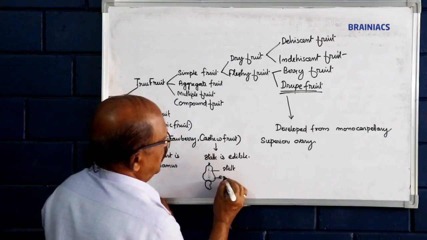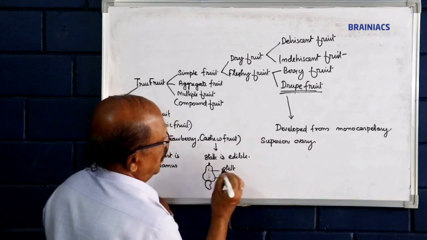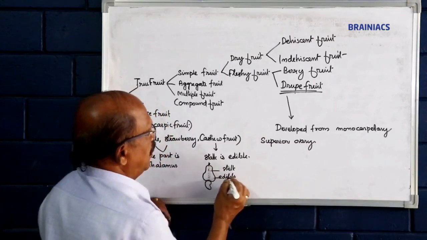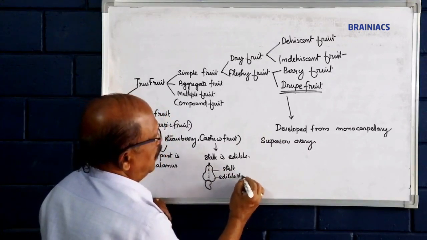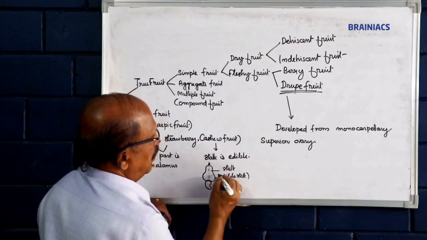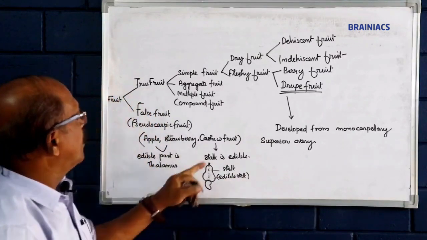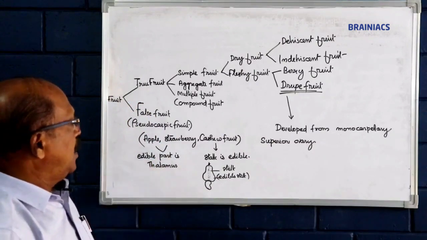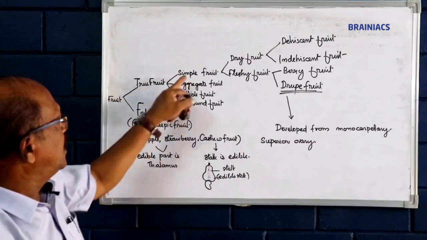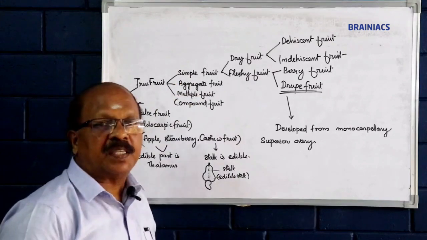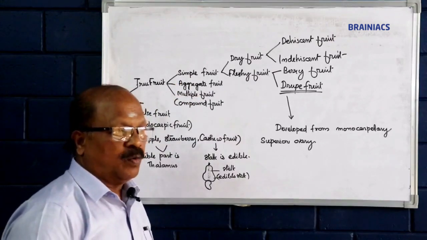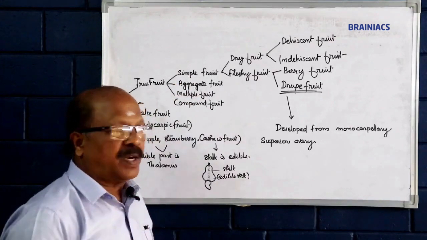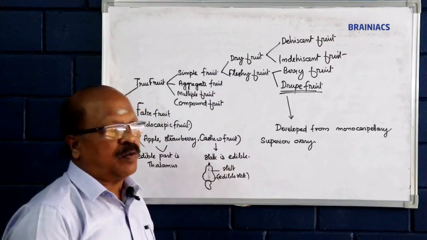This is the edible part. So here the thalamus is edible in cashew fruits. A simple fruit is developed from multicarpellary syncarpous ovary or monocarpellary unilocular ovary.